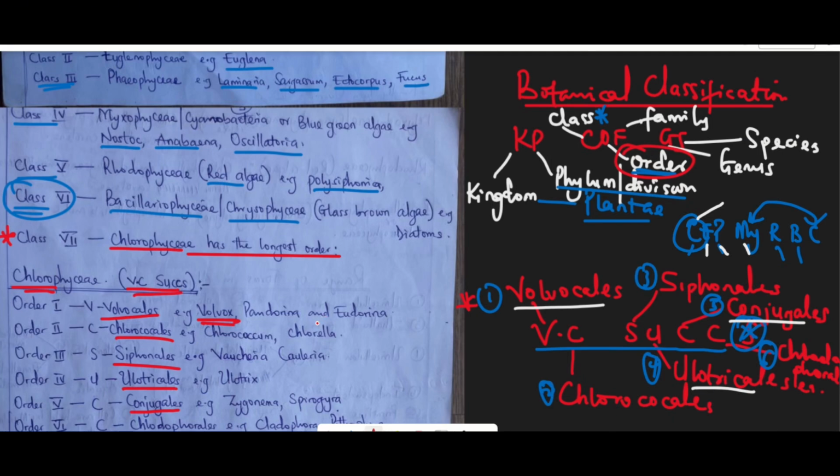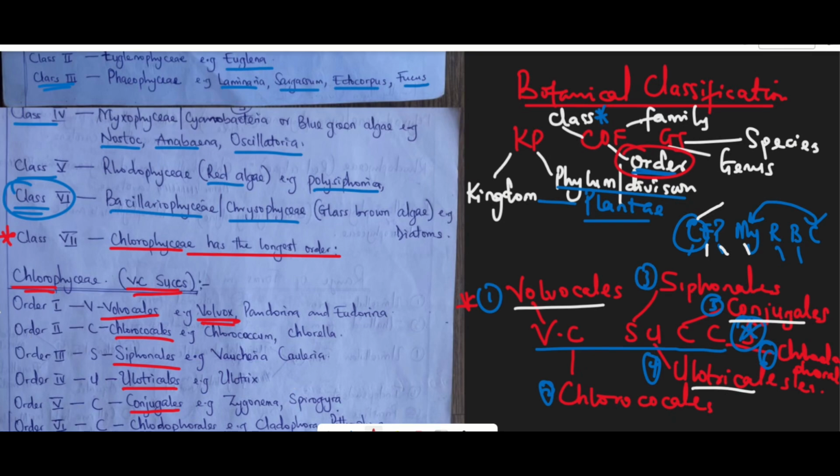Then I can also ask a student to give me examples of Siphonales. The student is to tell me, oh, Vaucheria, Caulerpa. Now, if a student is asked to give me examples of Conjugales, the student should also remember that we have Zygnema and Spirogyra.